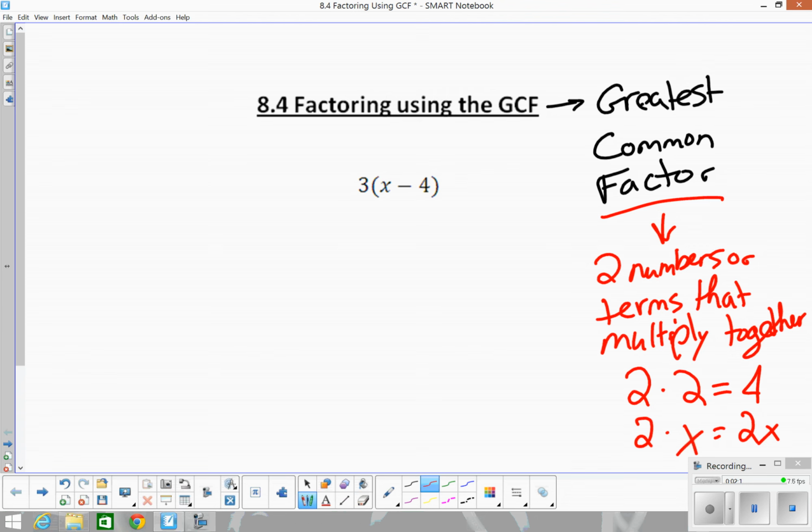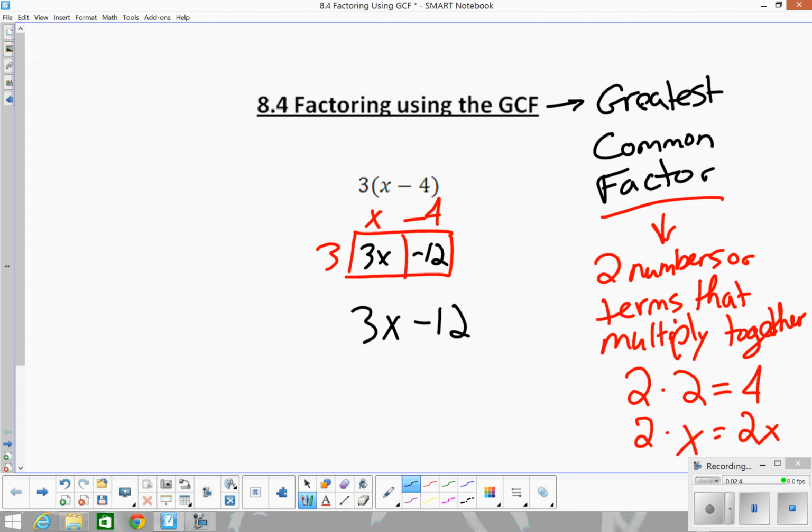Well, I told you you could use the box method. So a monomial times a binomial, I need a 1 by 2 box. Put my 3 out here, put my x up here, put my negative 4 up here. Find the area of each box. So 3 times x is 3x. And then I have 3 times negative 4, which is negative 12. So when I multiply that out, I had 3x minus 12. And that was my answer, okay?